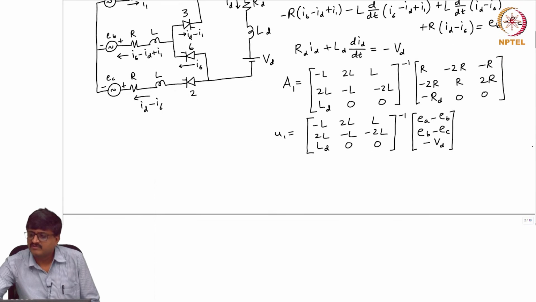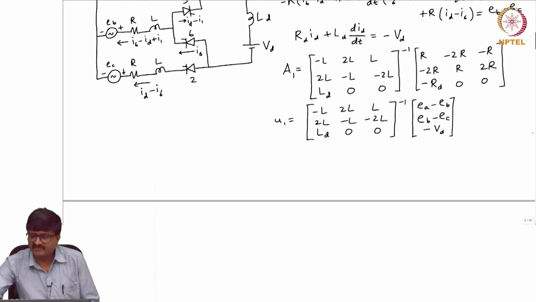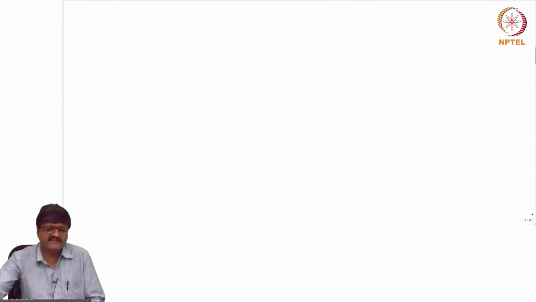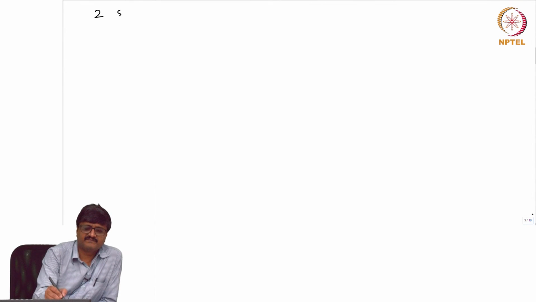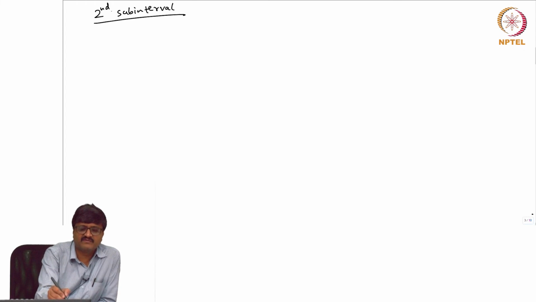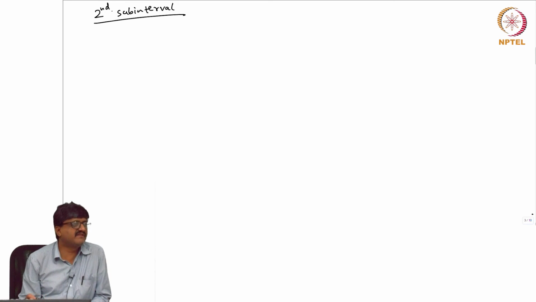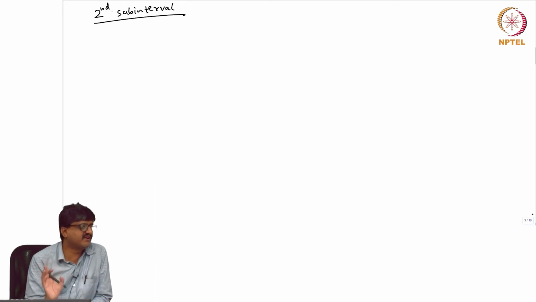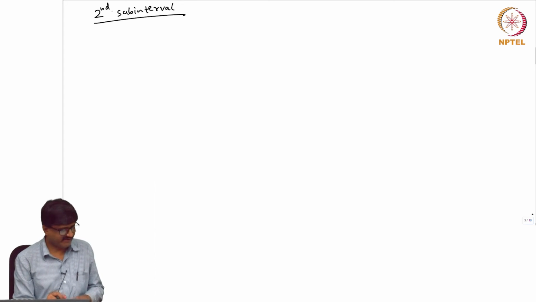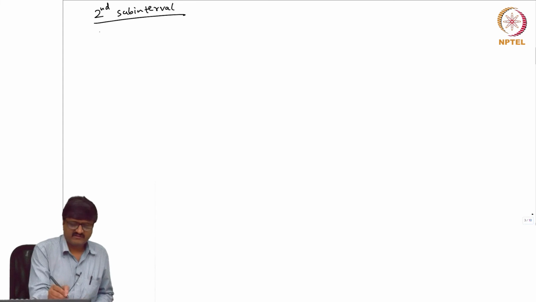Now, this is for the first subinterval. If I want the second subinterval, should I again try to get the equations, or I have already got this? See, the second subinterval is nothing but the first subinterval of 2 and 3 valve conduction mode. So, I have already got x2, x2 is already written. What is A2 and what is U2?